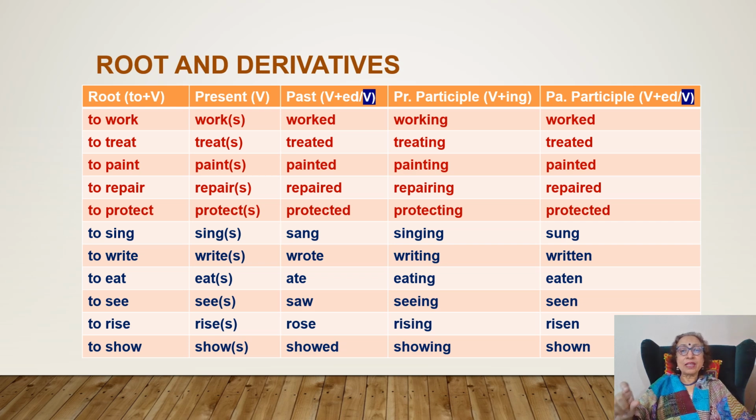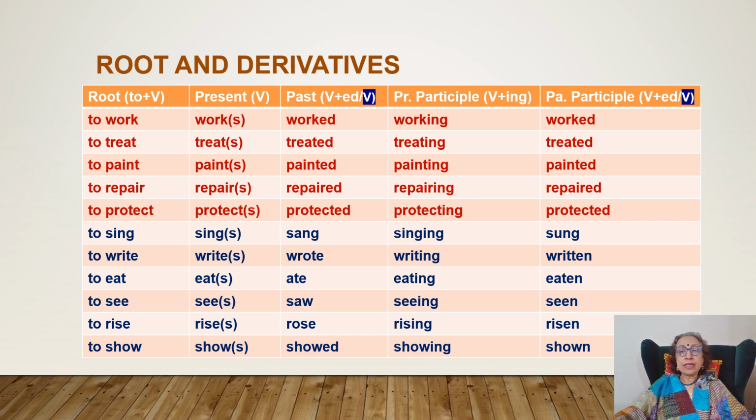So I told you the names, regular and irregular. Now the verbs which make ed in past tense, and look at the last column on your right, and past participle, verb plus ed, verb plus ed. I have put them in red color on the screen and the others in blue color.